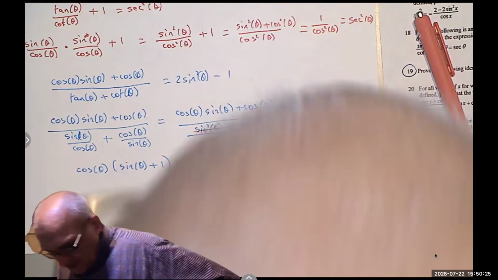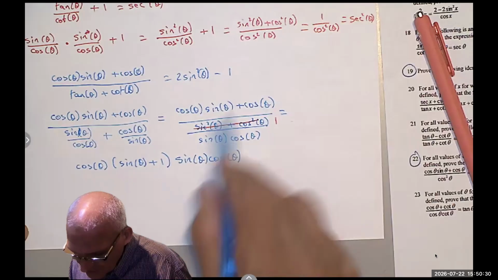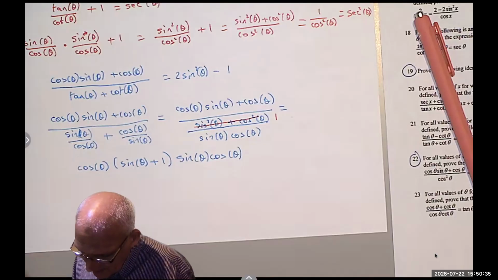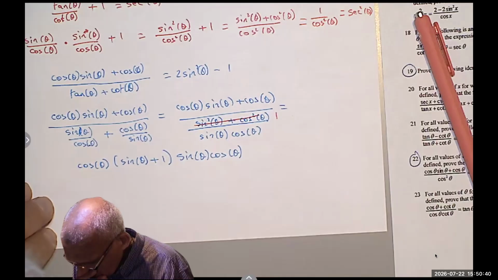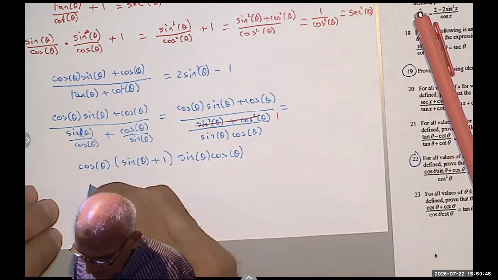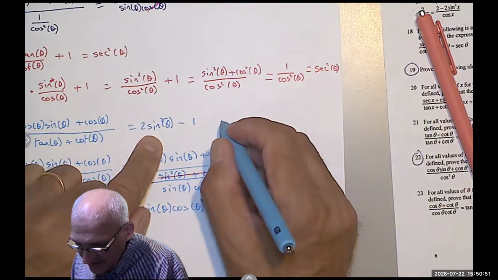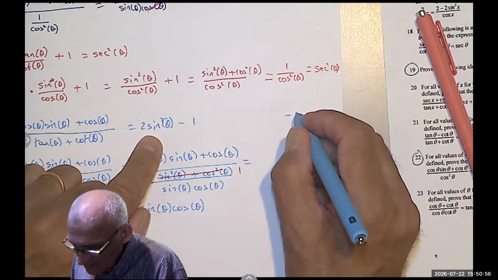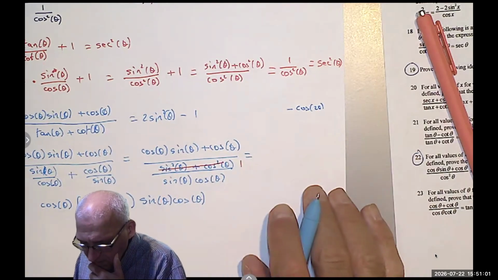Okay. Did I do it correctly? I think I did. Oh, sine plus 1. Yeah, sine plus 1 times cosine. And then I multiplied by that. Okay. So the right-hand side, by the way, is negative cosine 2θ. Did I do it correctly?